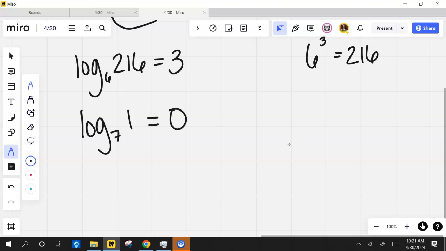That don't make sense? What you got? 7 to the 0.